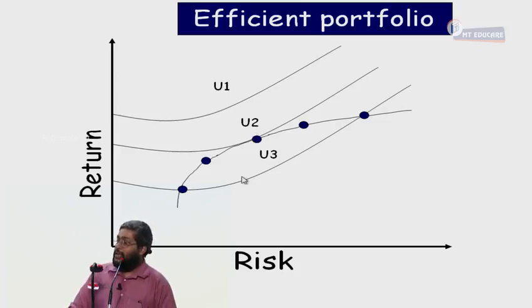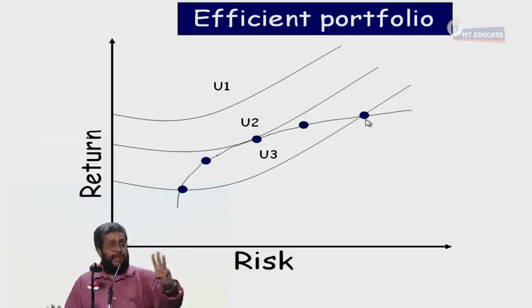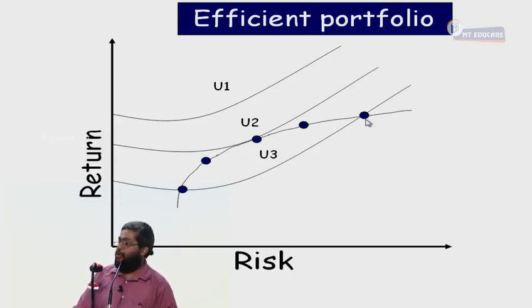On the third utility curve, I can find two securities: portfolio 3 and portfolio 6.